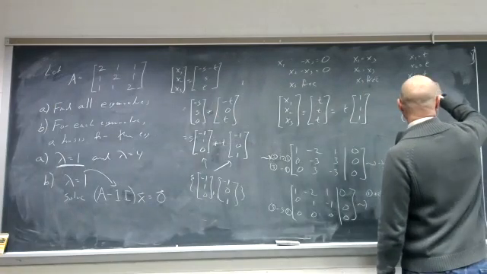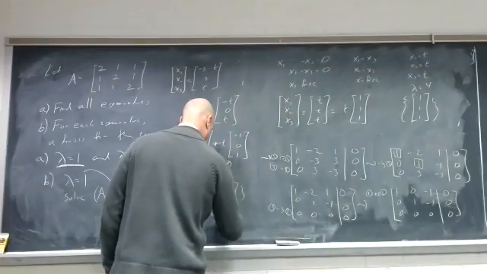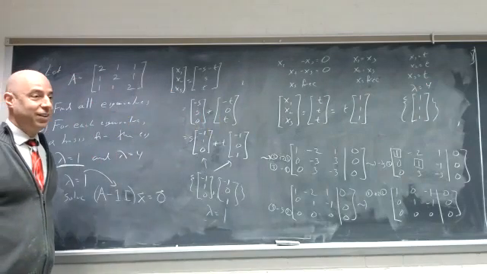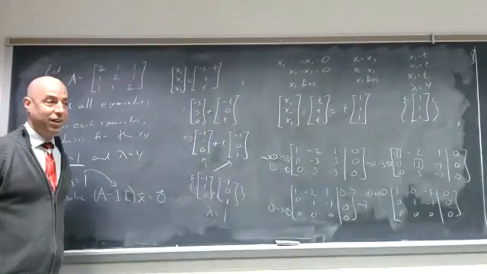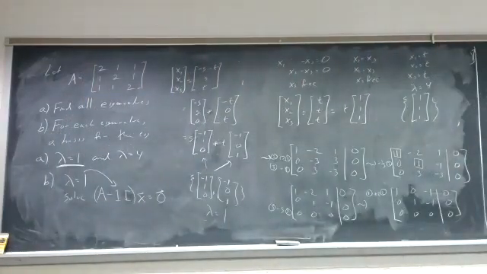So this is the basis for lambda equals 4, and this is the basis, the eigenspace for lambda equals 1. That was a lot of work. What was the most work there, I think, was just solving that cubic polynomial. The rest of it is sort of old hand for us.